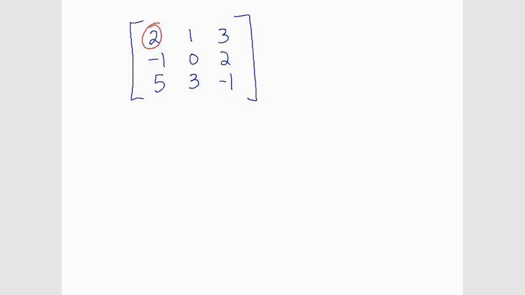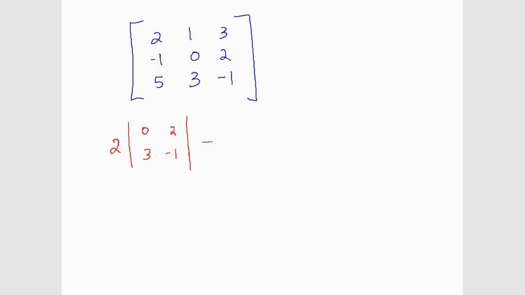Okay, so I'm going to start with the 2 and do the same thing. So notice no matter which method you choose, it's going to start off the same way. So I'm going to start with 2 times the determinant of 0, 2, 3, negative 1, and then a minus 1. All right, now instead of moving across the row to the 1 like I did last time, I'm now going to go to the negative 1. I'm going to work this out.